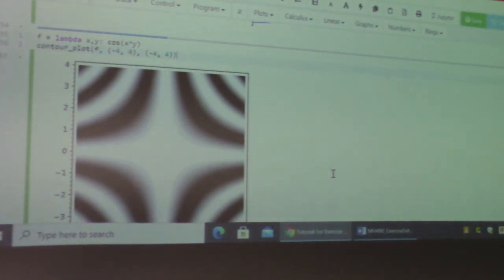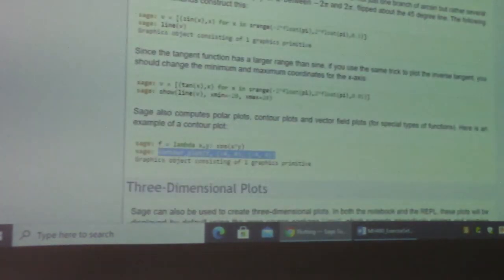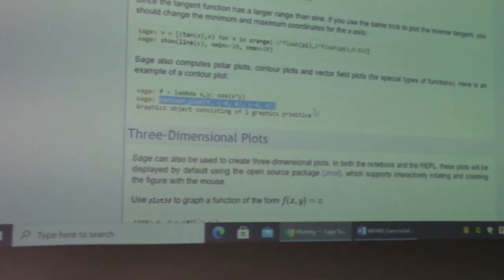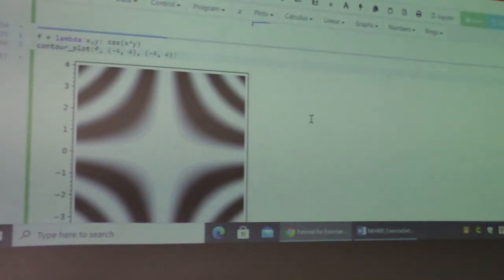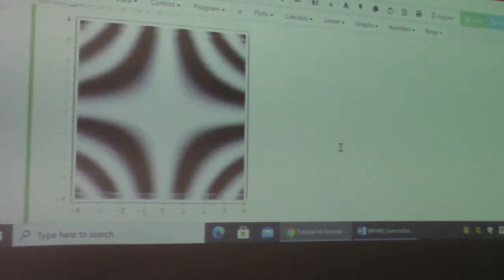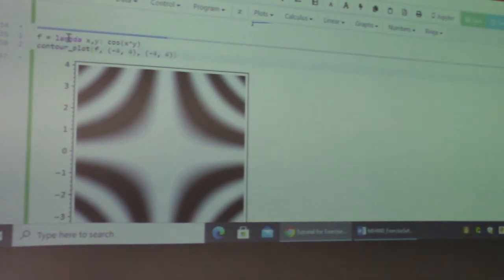What is the role of lambda here? Is that part of the contour plot command or something? Huh. I mean, I think we're looking at the contour plot of cosine x times y on the -4 to 4 view window, right? What's this lambda here?